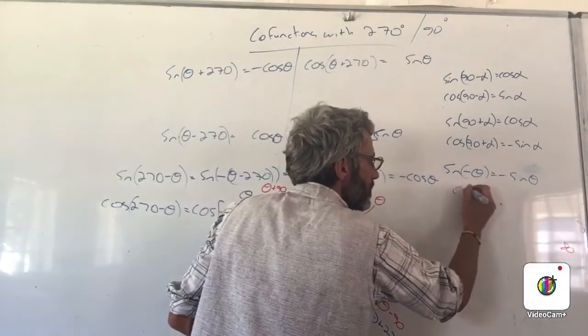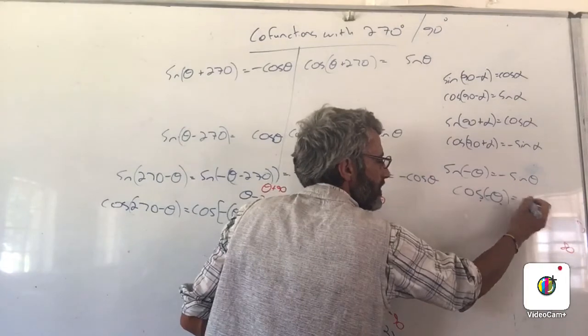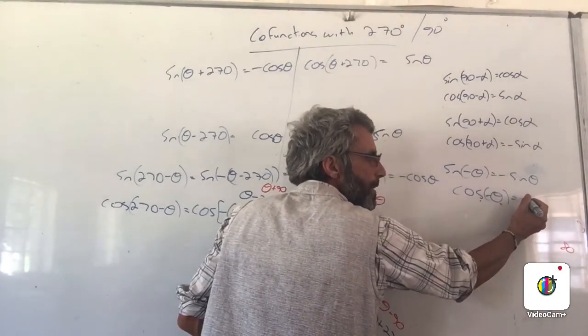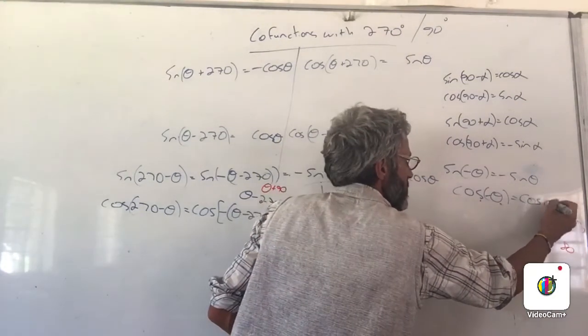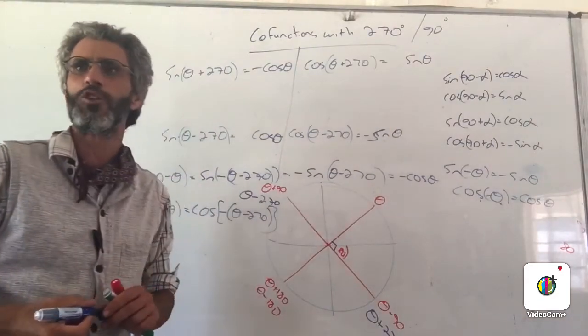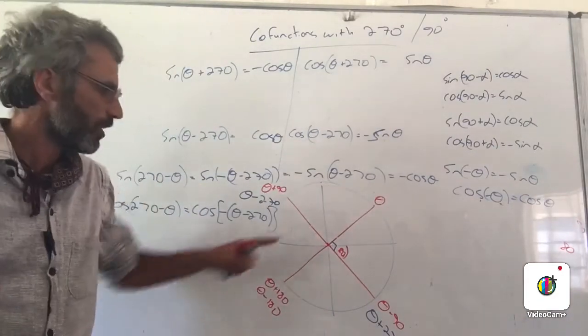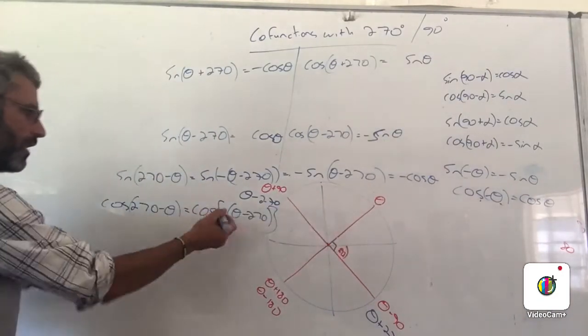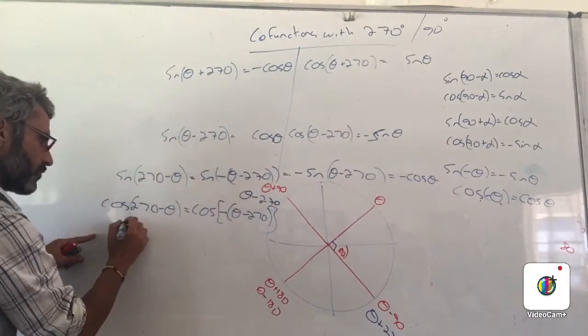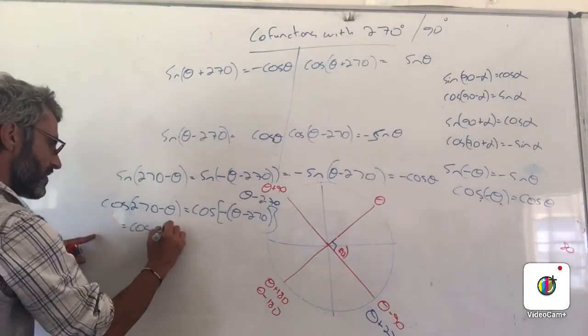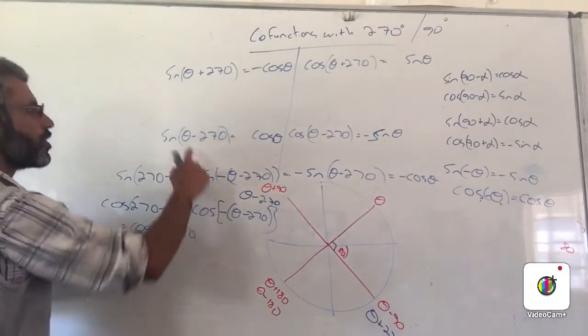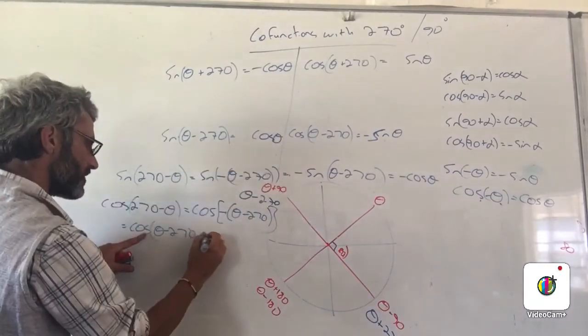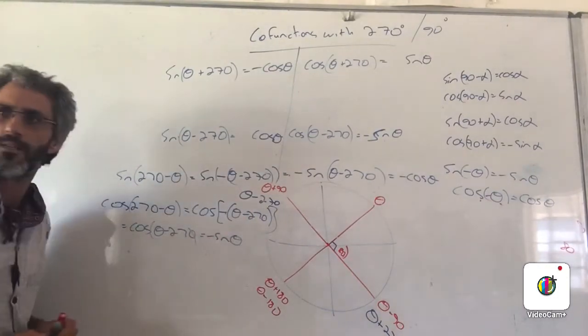If I have cosine of minus theta, what is that equal to? It becomes just cosine theta. Cosine is indifferent to negative angles, because the first and the fourth quadrant are the same. So I can just ditch that negative. I'm going to have cosine of (theta minus 270), which I've already done. That's minus sine theta.